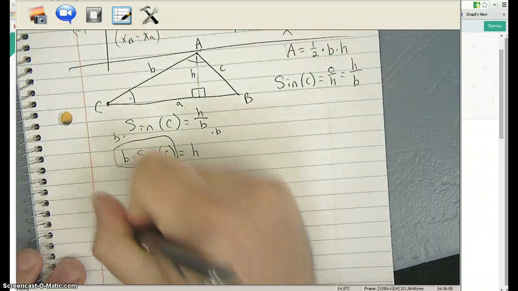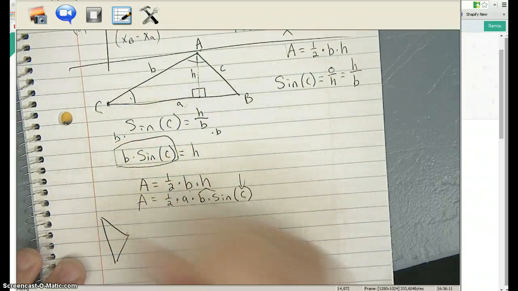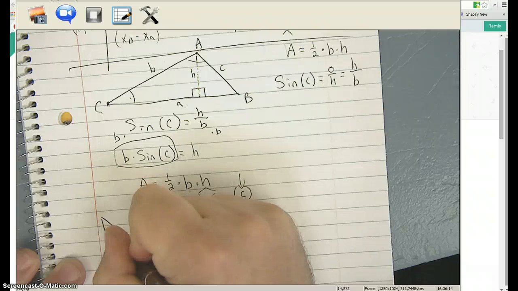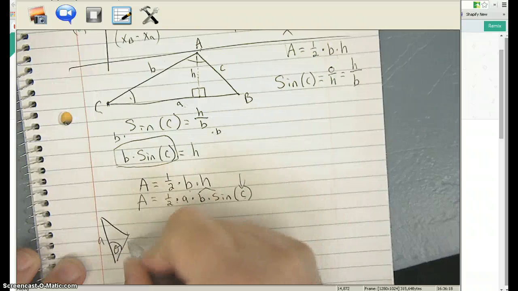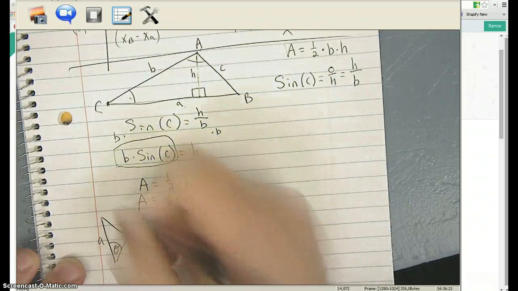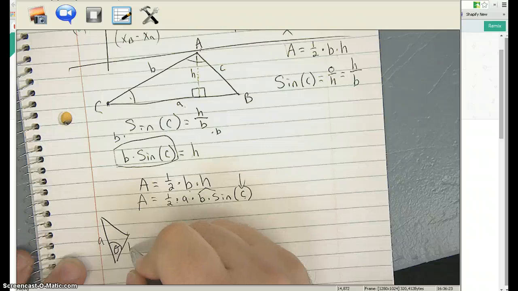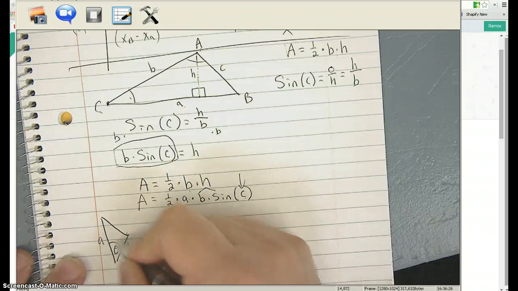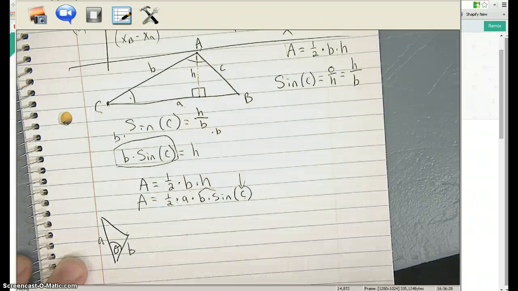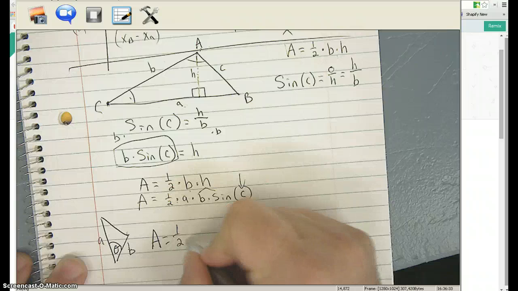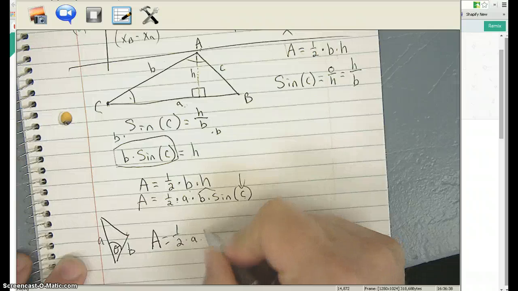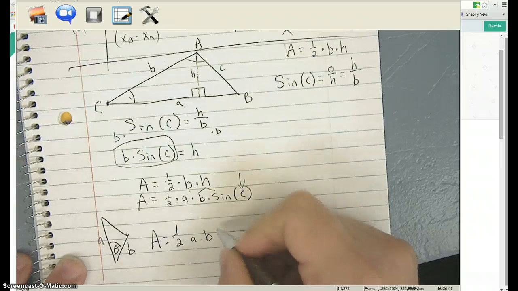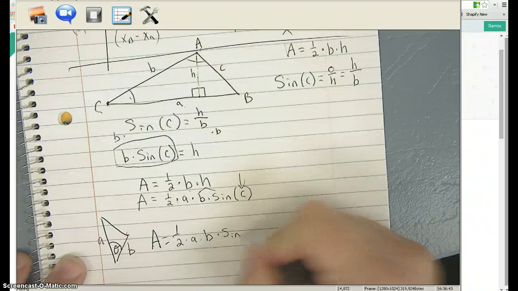So if I had a triangle that looked like this, as long as I know some angle here and two of the sides, even if I don't know the other side, so two sides and this angle in here, I would find the area of that triangle by saying, well, give me 1/2 times a times b, that's little a, little b, times the sine of that angle.